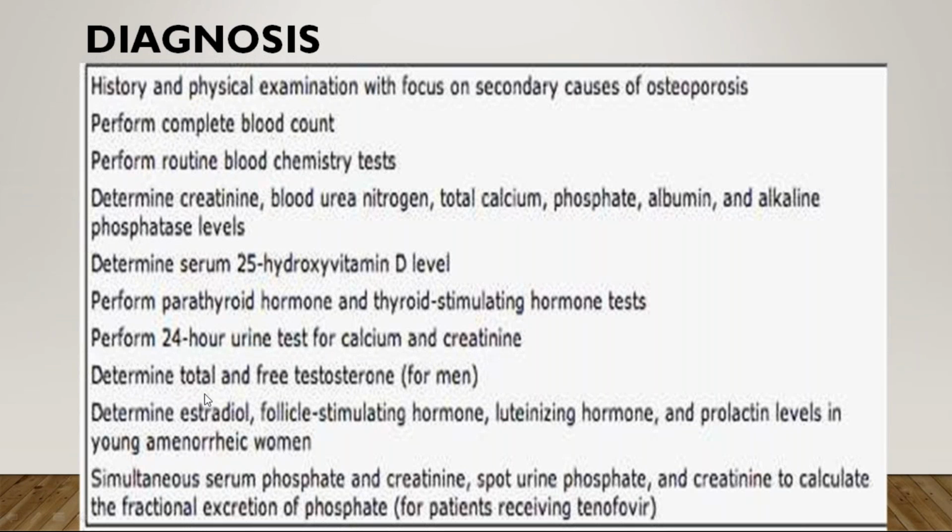And we have to see testosterone for men and estrogen and progesterone levels for women also, that is follicle stimulating hormone, luteinizing hormone, and prolactin levels in any young amenorrheic women. Okay, these are the tests we have to do for osteoporosis patients.